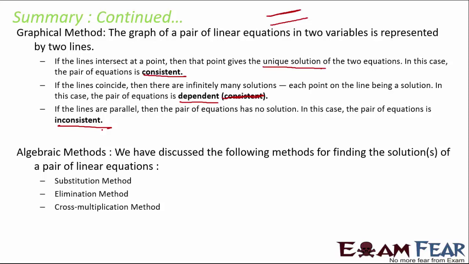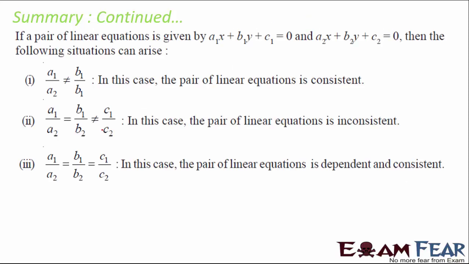Based on the solutions that we get when we solve these equations algebraically, if a pair of linear equations are given by a1x plus b1y plus c1 is equal to 0 and a2x plus b2y plus c2 is equal to 0, then a1 by a2 not equal to b1 by b2 means the pair of equations is consistent. a1 by a2 equal to b1 by b2 not equal to c1 by c2 means it is inconsistent.